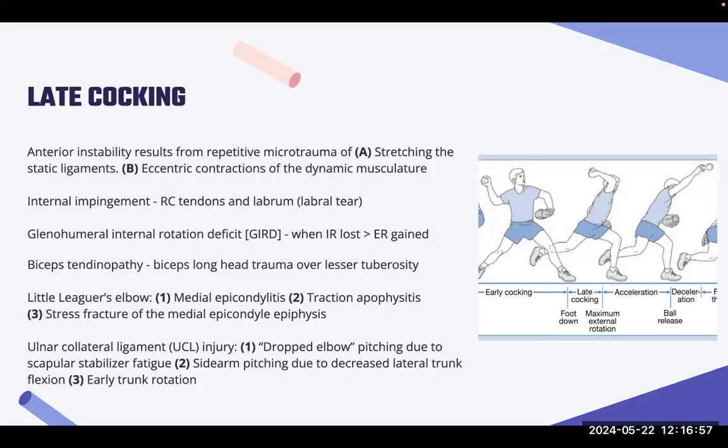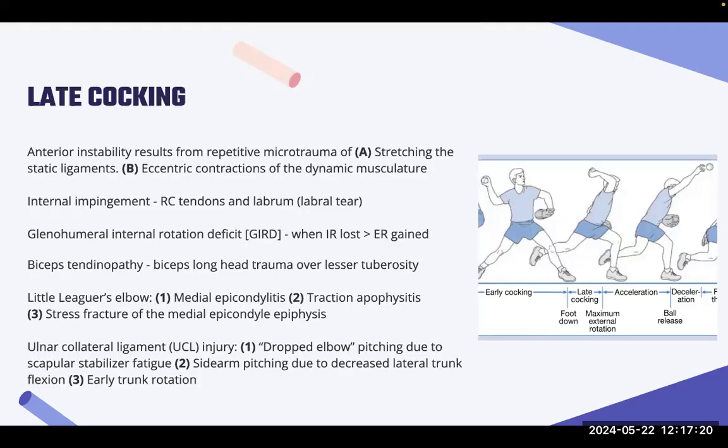It's when the IR lost is greater than the external rotation that's gained. But if their external rotation is gained, let's say 40 degrees, and you lose 40 degrees of internal, that is not considered GIRD because you still have a 180 degree arc of motion. You just have a more externally rotated arm, which is very common in pitchers.